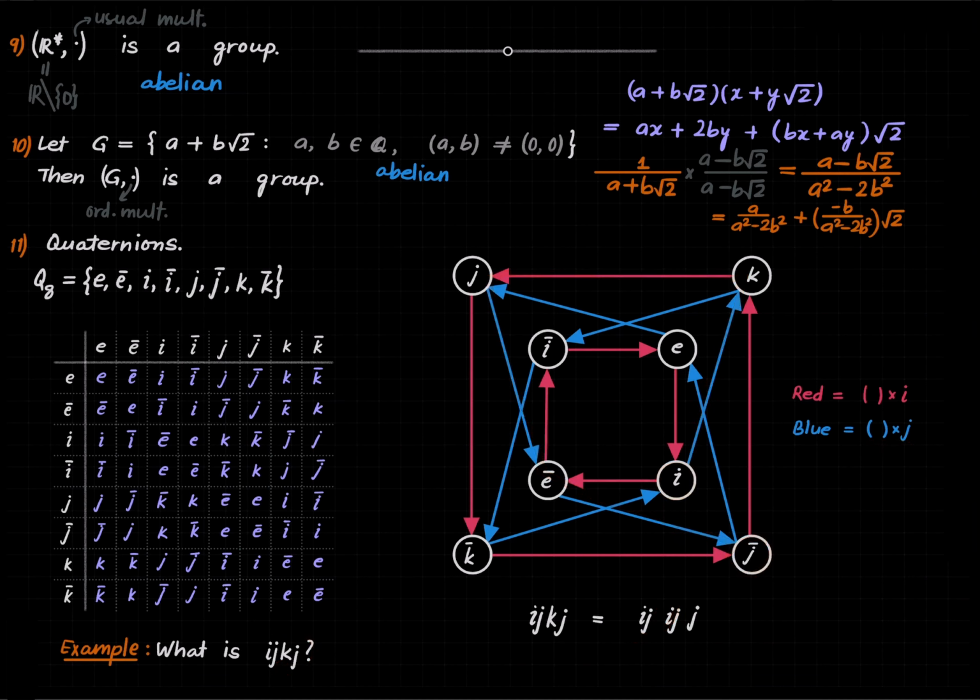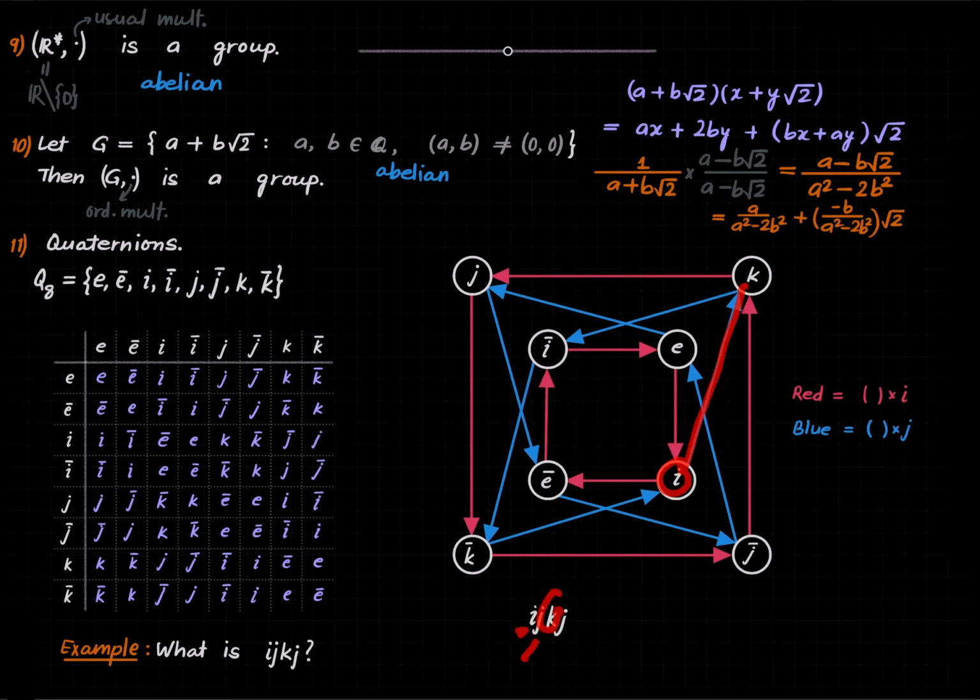So that is one way, or there is another way. Just think of k as red arrow followed by blue arrow. You're starting with identity, so applying a red arrow and applying a blue arrow, you can just think of that as k. Now, I'm starting at I. After that comes a j, so that means apply a blue arrow.